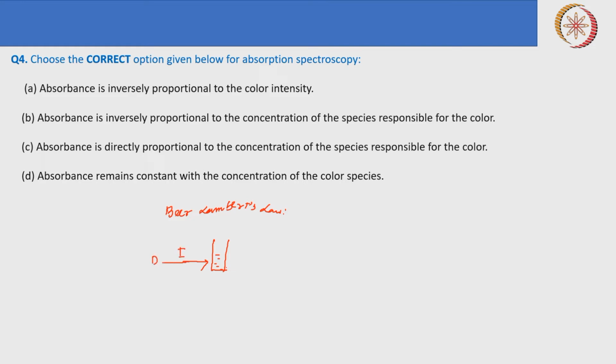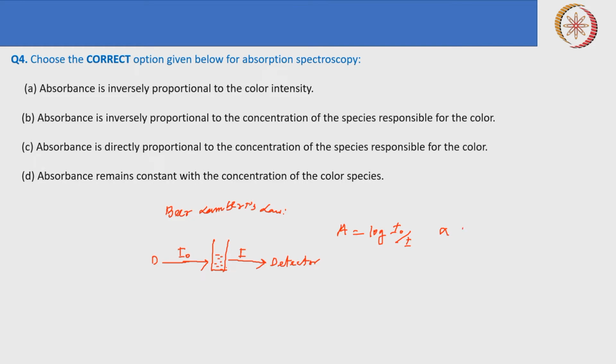Suppose your initial intensity is I0, and after absorbance it is coming to the detector as I. Then Beer-Lambert's law says that the absorbance is basically the log of I0 by I. This absorbance is proportional to the concentration of your analyte.